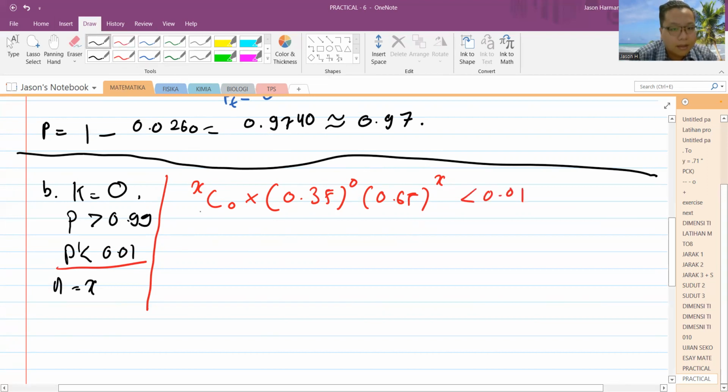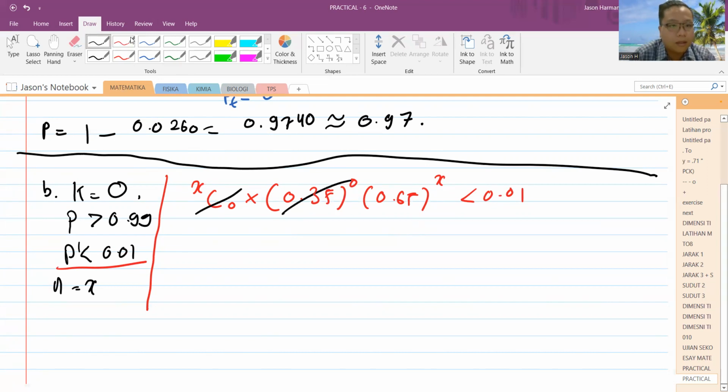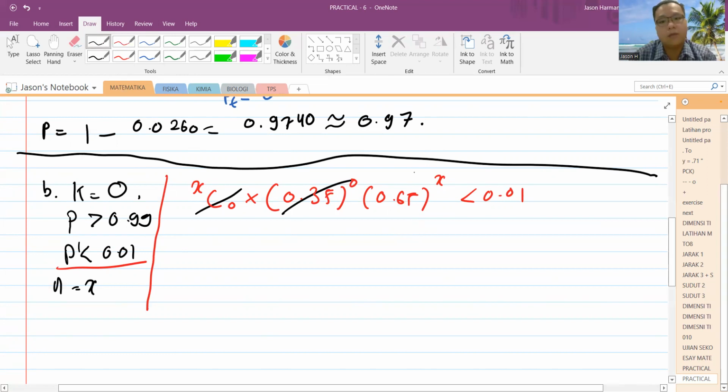And because this is 1, this is 1, to the power of 0 is 1, and combination with 0 is 1, that means we can just use some basic logarithm with the base of 0.65, right, to find the value of x, the inverse of exponent.